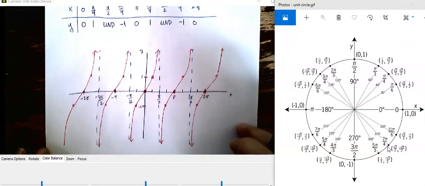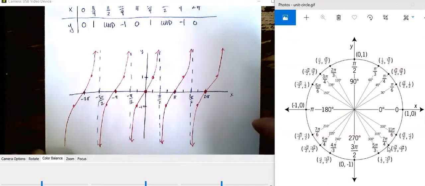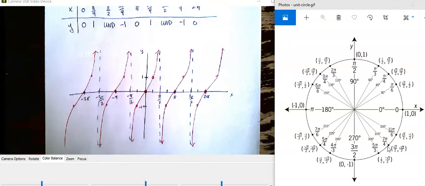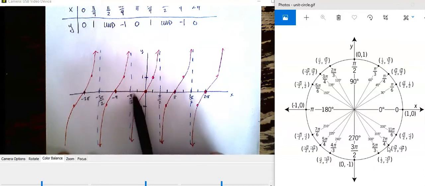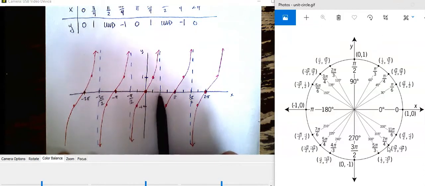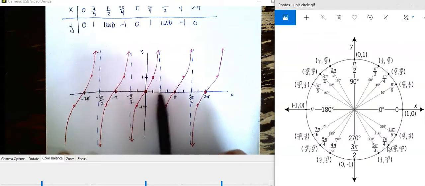One thing we can look at here is the period. Does the period seem to be the same? Well, for the sine and cosine, the period was 2 pi in each case. In this function, we can see that it repeats itself between negative pi over 2 and pi over 2. So this distance here is pi.